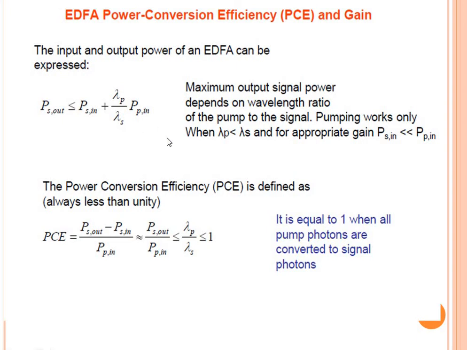The fundamental physical principle here is that the amount of signal energy that can be extracted from an EDFA, that is the output power, cannot exceed the pump energy. Output power should not be more than the pump energy that is stored in the device.